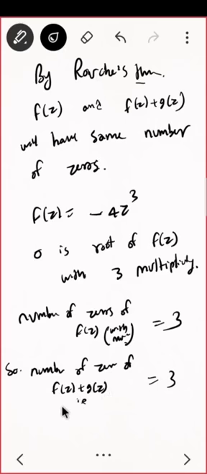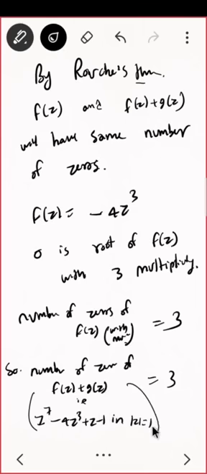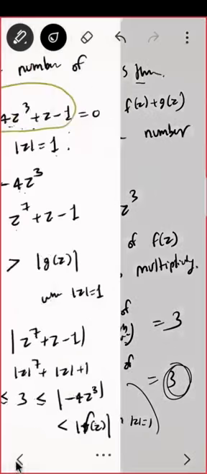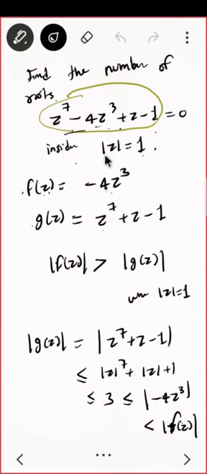It is your question: z raised to 7 minus 4z cube plus z minus 1 in the domain mod z equal to 1. You see, we got the answer. The question was quite difficult, because first of all, to get the roots which are inside this, you have to find all the roots. That is the first thing you should do. If you got all the roots, then the next thing will be to decide which of the roots lie inside. Correct?